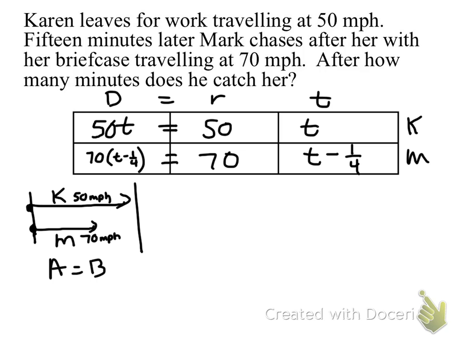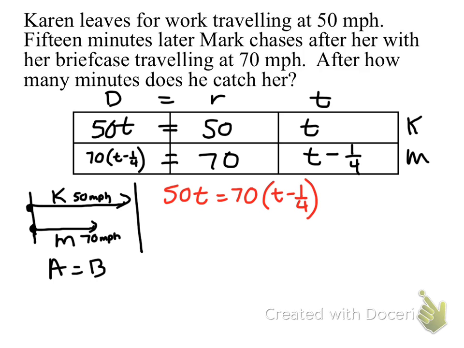Okay, so now what is my equation? Since it's A equals B, wouldn't it be 50T equals 70 times the quantity of T minus 1/4? Exactly. 50T equals 70 times the quantity of T minus 1/4.